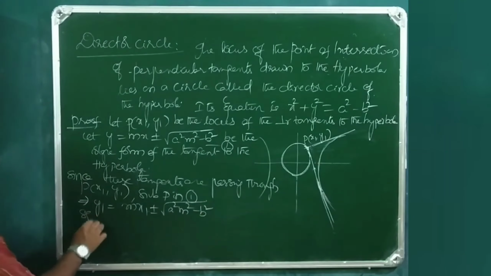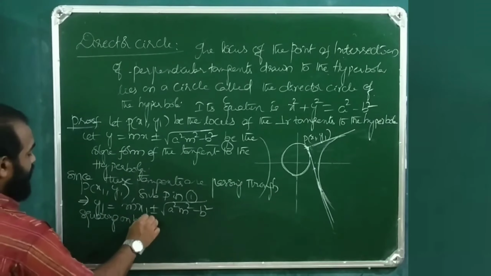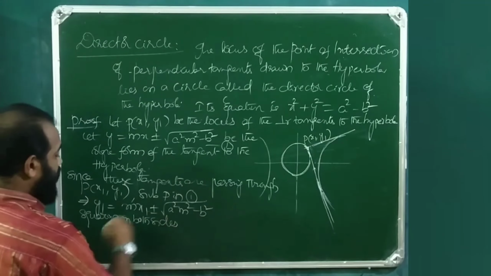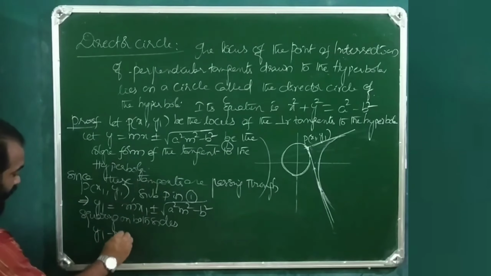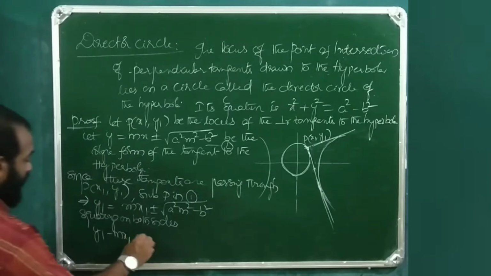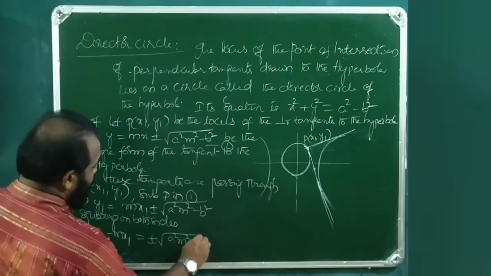Before squaring, if I take mx1 to this side, y1 minus mx1 is equals to plus or minus square root of a square m square minus b square.